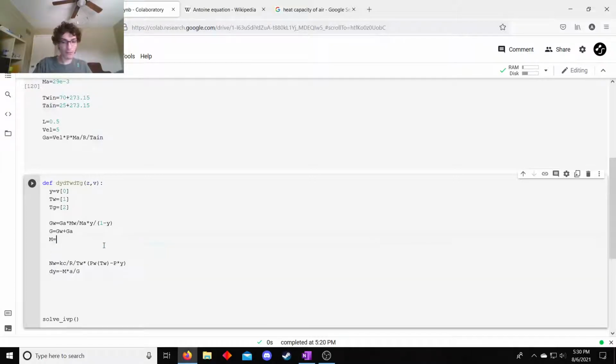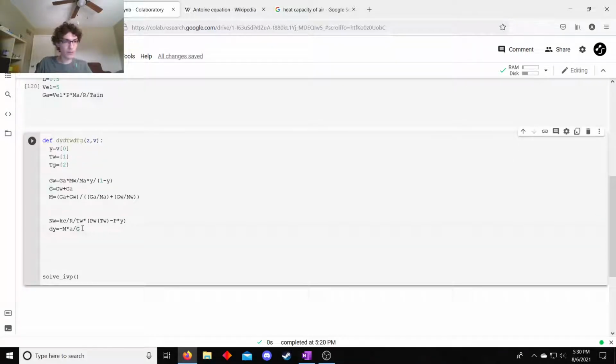So M equals the mass flow rate, so that's going to be G air plus G water divided by G air divided by the molecular weight of the air, that's going to be the moles of air, plus G water divided by the molecular weight of the water, that's going to be the moles of water. Okay, so that is all we need there.